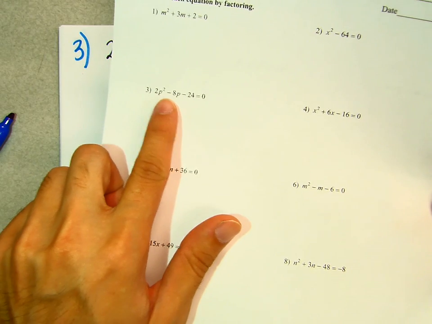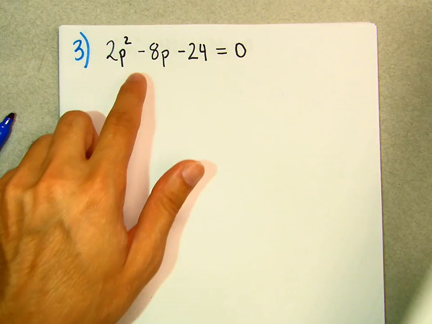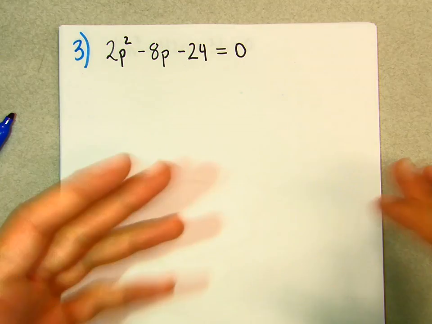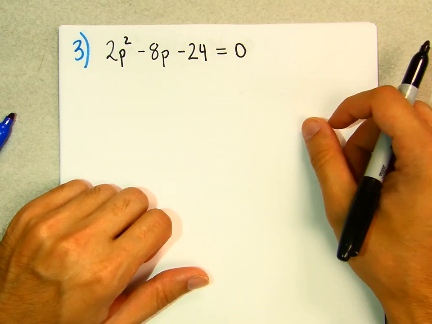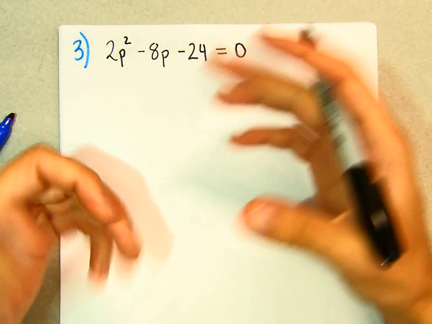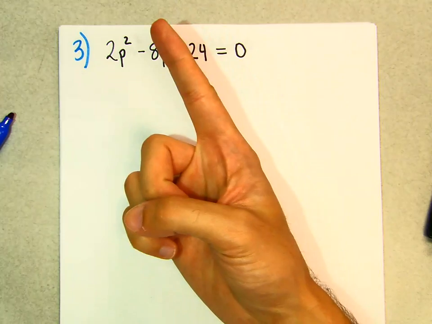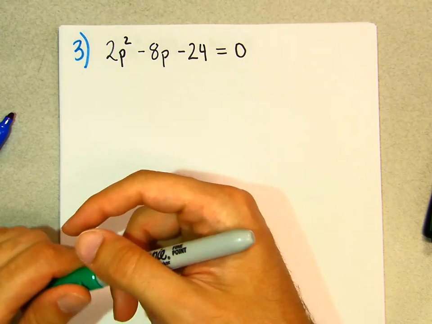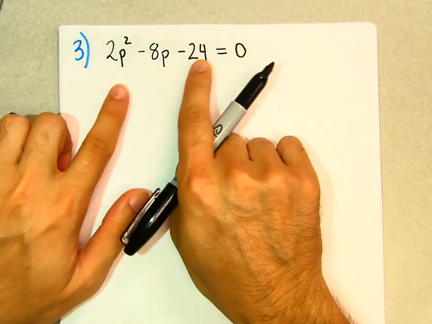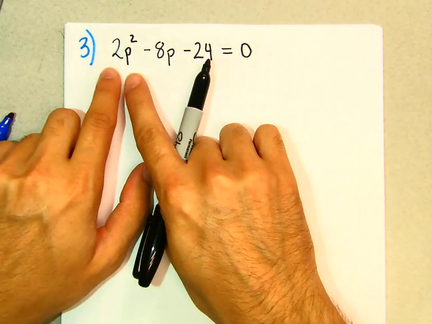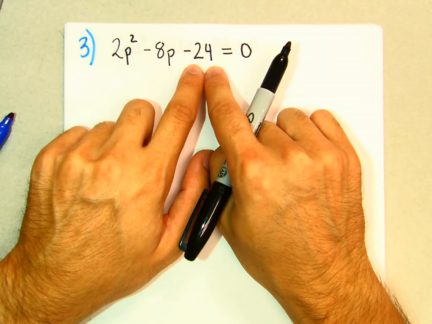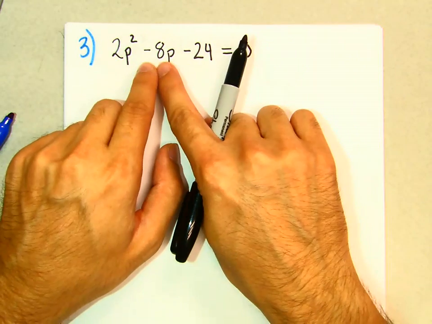This is 2p squared minus 8p minus 24. So how do we do this? I want you to think about it. How can you go forward? What's the first move? Can you say what two numbers when you multiply give you 24 and add give you 8?